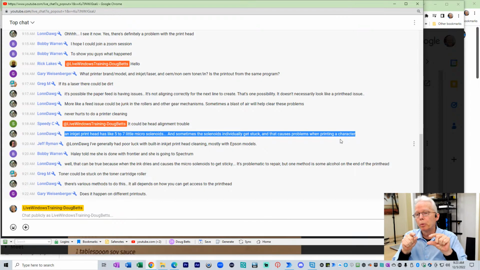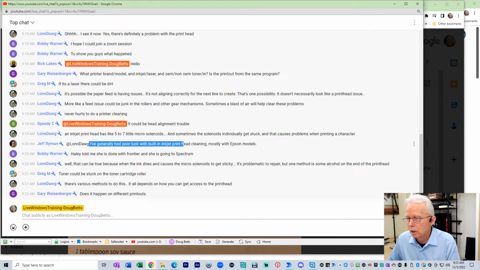So it's not going to have a problem with a particular letter, but it would have a problem with a particular vertical position, and that should be across the whole line, unless that particular jet is just intermittently problematic. Jeff to Lawn Dog, I've generally had poor luck with built-in inkjet print head cleaning, mostly with Epson models. And when you do an inkjet print head cleaning, it uses a lot of ink to do that.